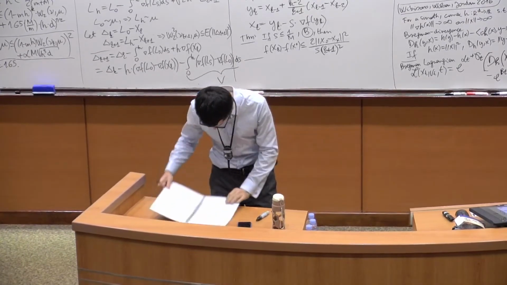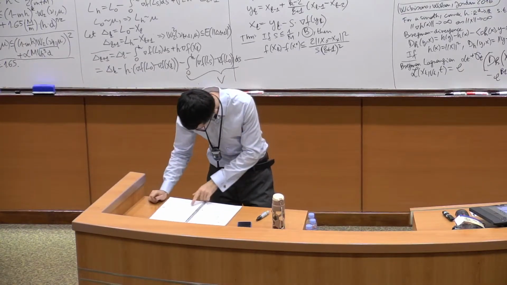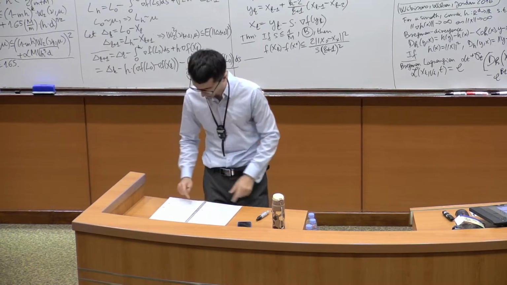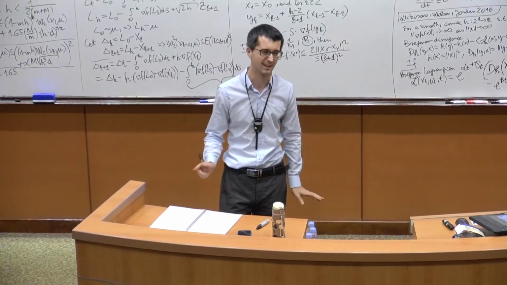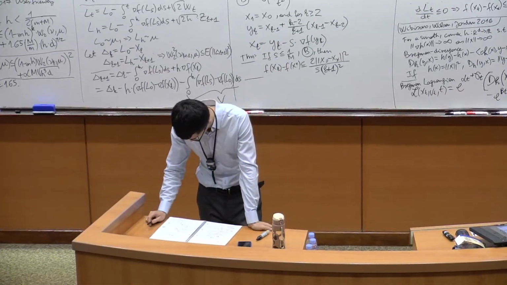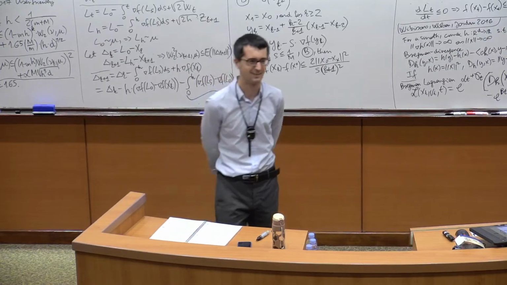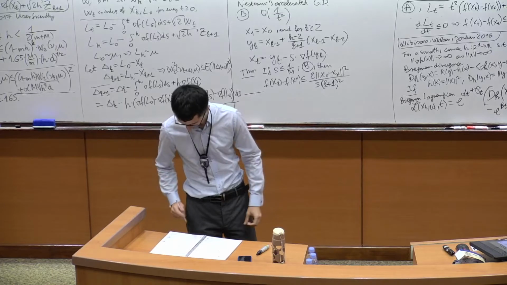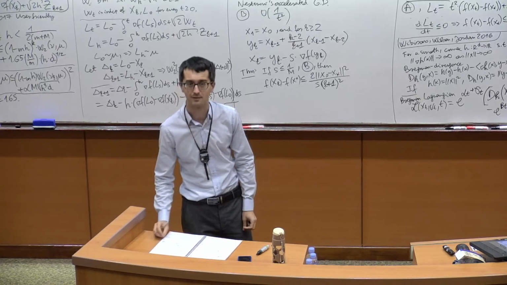Okay, I will check this in the break, but one of those is not correct, and I will figure out which one in the break. So, okay. Any other questions?